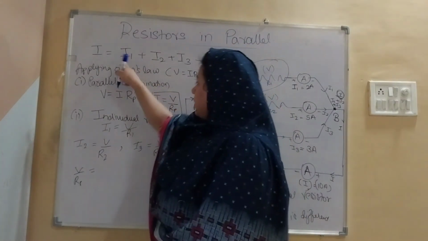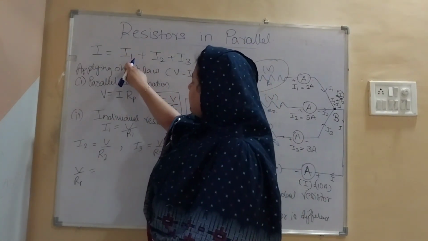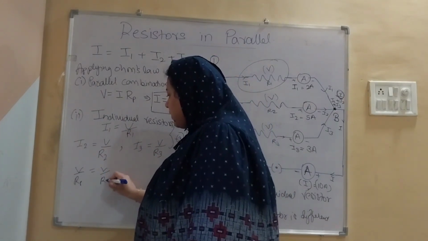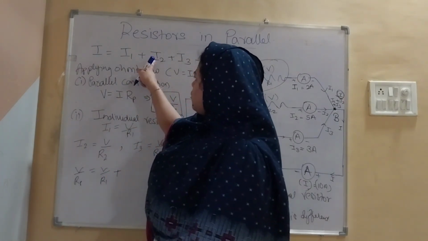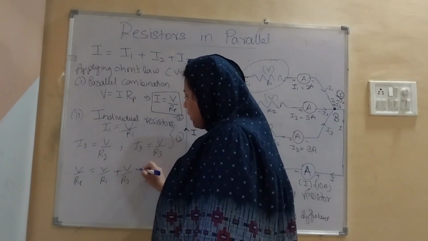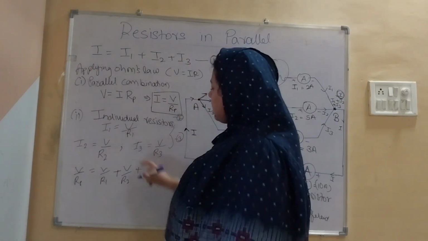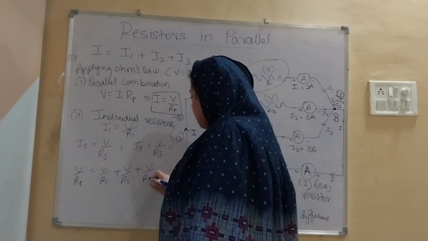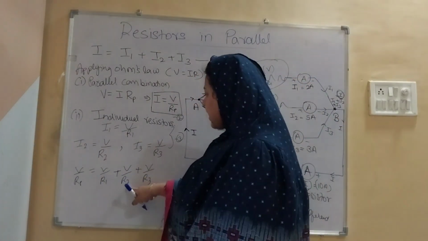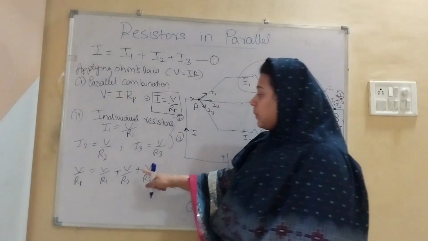V upon Rp is equal to I1. I1 की जगह क्या पुट कर देंगे? V upon R1 प्लस I2 की जगह क्या पुट कर देंगे? V upon R2 प्लस I3 की जगह सब्स्टिट्यूट कर देंगे V upon R3. I equals to I1 plus I2 plus I3.